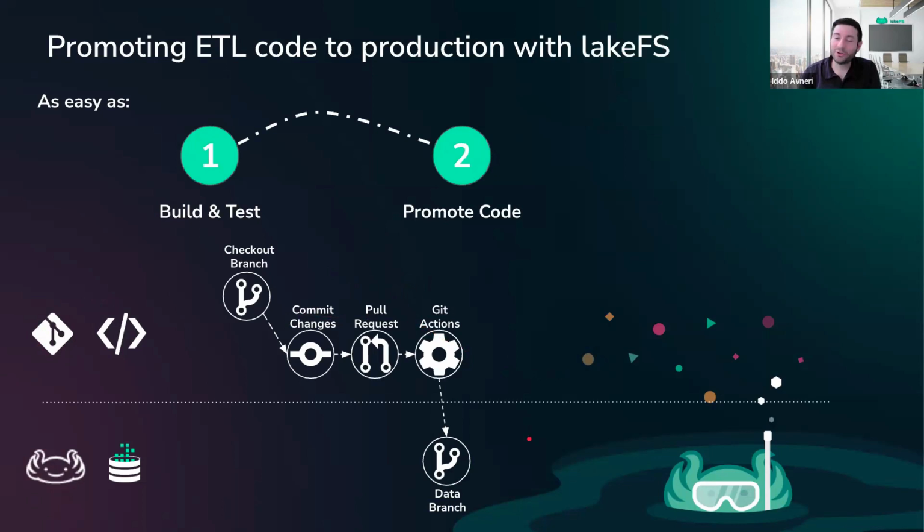So the Git action is going to create a data branch. I'm going to take my production data, and I'm branching that data out. So this is a CI/CD process, right? It's a zero copy clone. And then I'm going to run the ETL on that branch data. So I just change my code, and before I finalize promoting that code to production, I'm running that code against my actual production data.